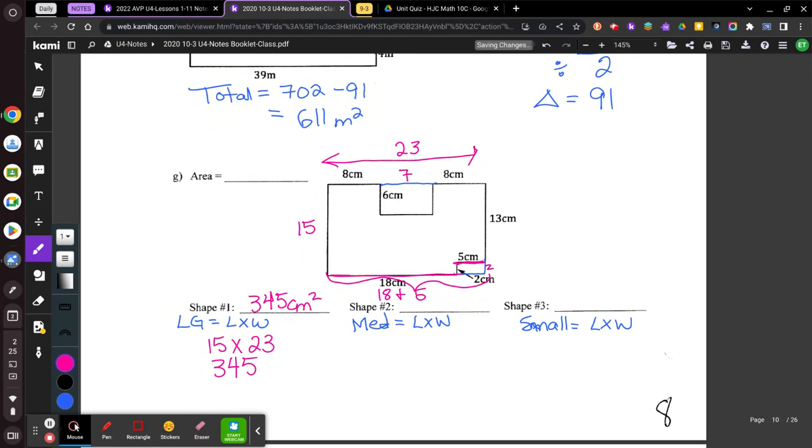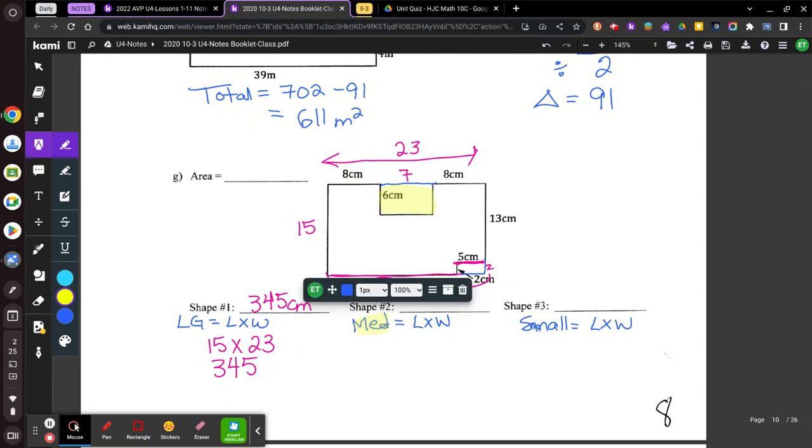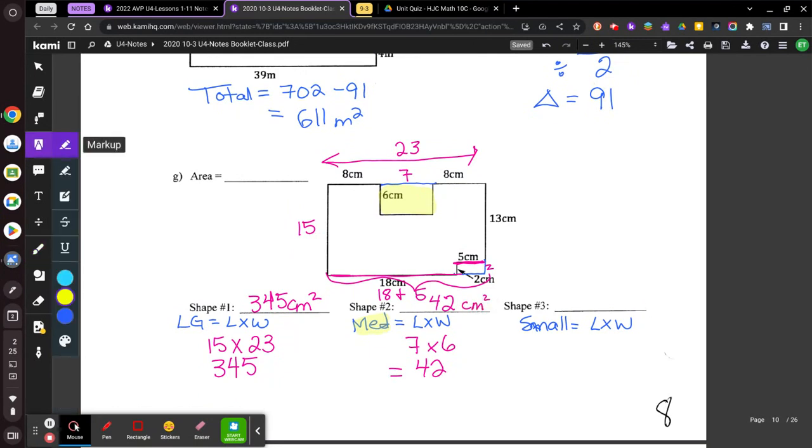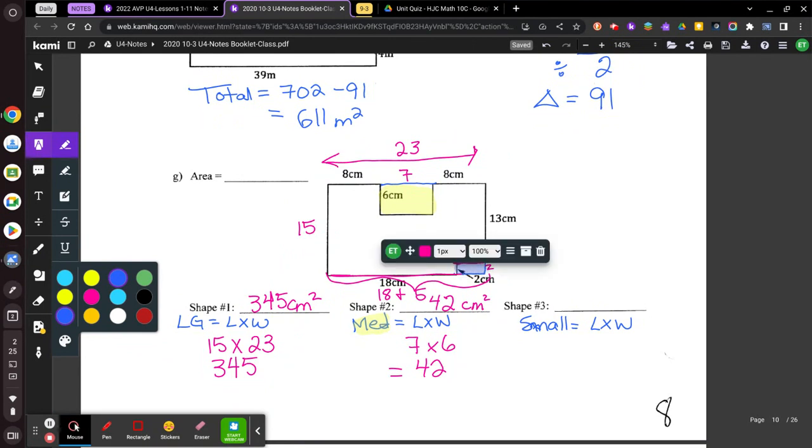The medium one is this guy right here that I'm going to color in yellow. That's our medium guy. So we're going to have 7 times 6 to give us 42. So I have 42 centimeters squared. And then shape 3. Shape 3 is that tiny little rectangle in the bottom corner. So this little one right down there.